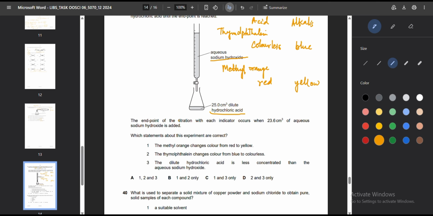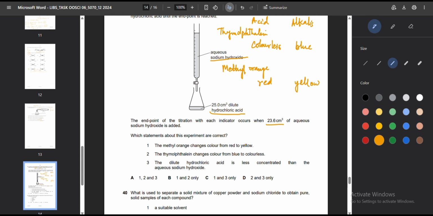The end point of the titration with each indicator occurs when 23.6 centimeter cube of aqueous sodium hydroxide is added. Which statements about this experiment are correct? Number 1, methyl orange changes color from red to yellow.